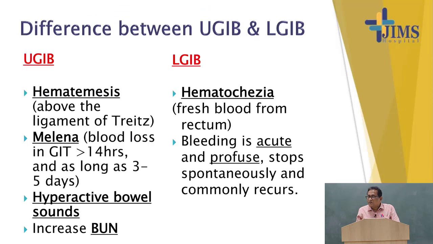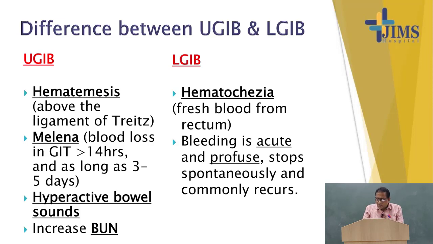So a wide bore needle, IV fluid to be started, normal saline, and arrangements for blood transfusion to be sent for, and along with resuscitation we can give IV PPI, proton pump inhibitor. The blood transfusion needed is packed cell RBC. So all these arrangements are to be done side by side while we are assessing the patient and going for some investigations.